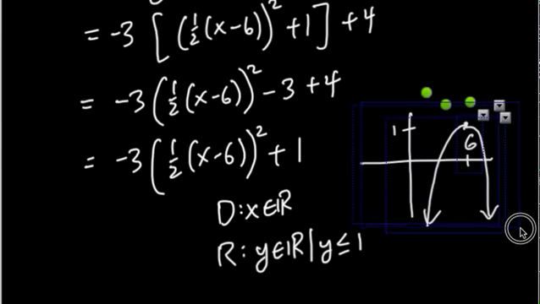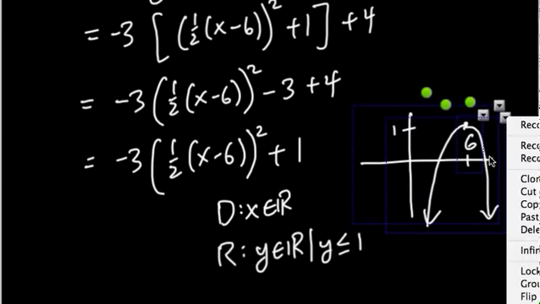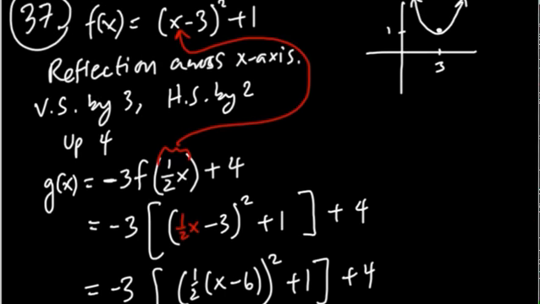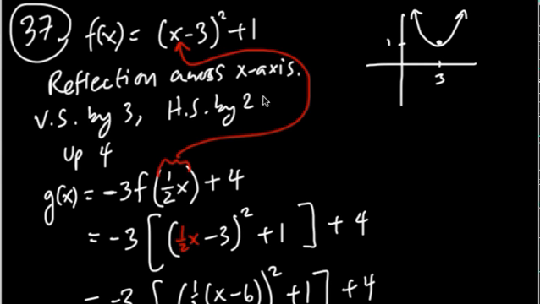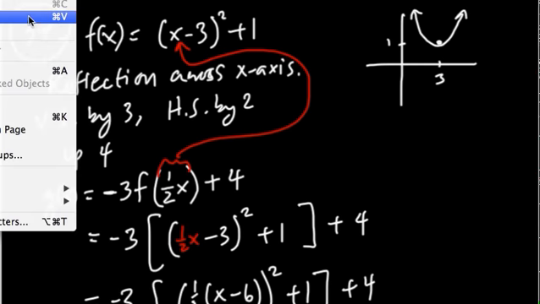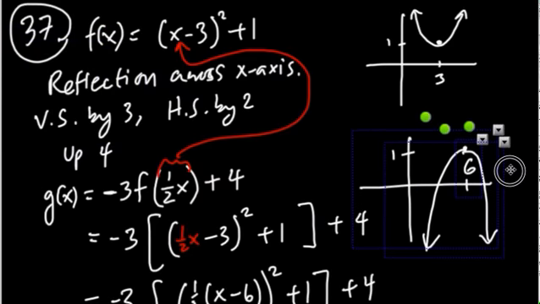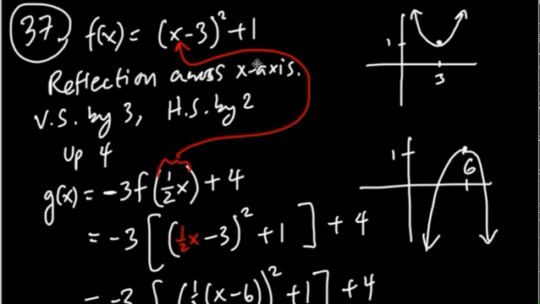Another way of thinking about this is, let me just take this graph right here, copy it, and move it up here, edit, paste. If you sort of think about it, see what we've done. We've reflected across the x-axis.